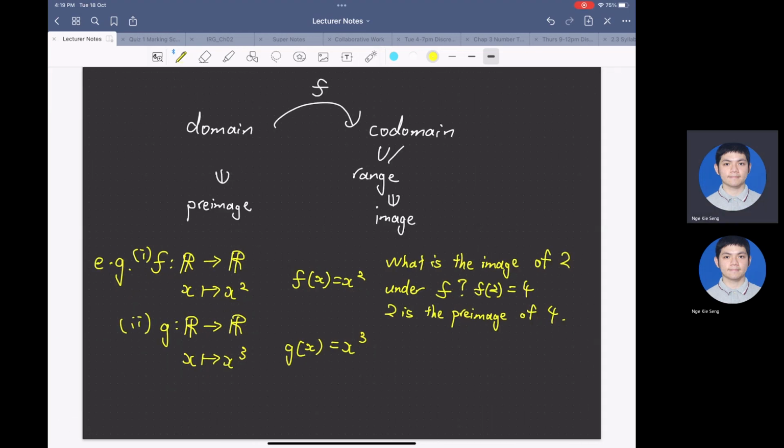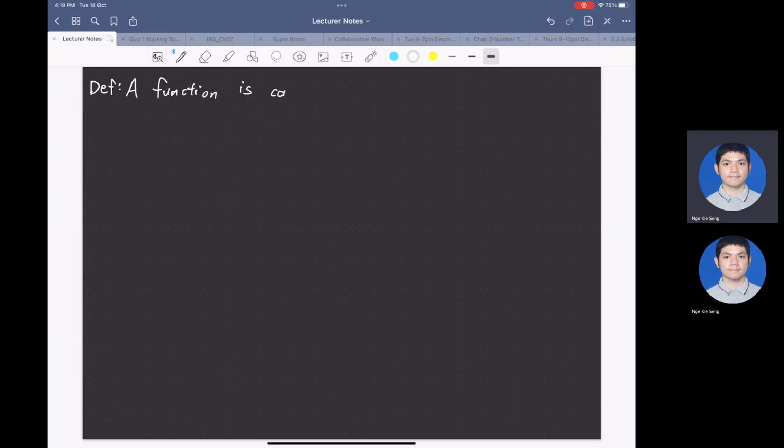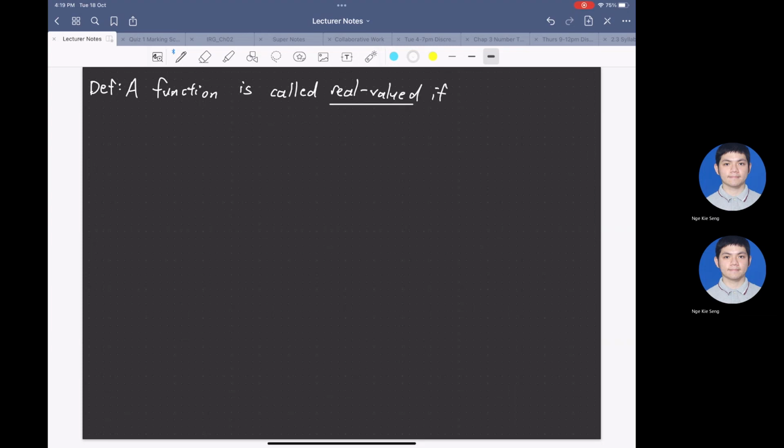So next function. So next, a function is called real value if its codomain is the real numbers.